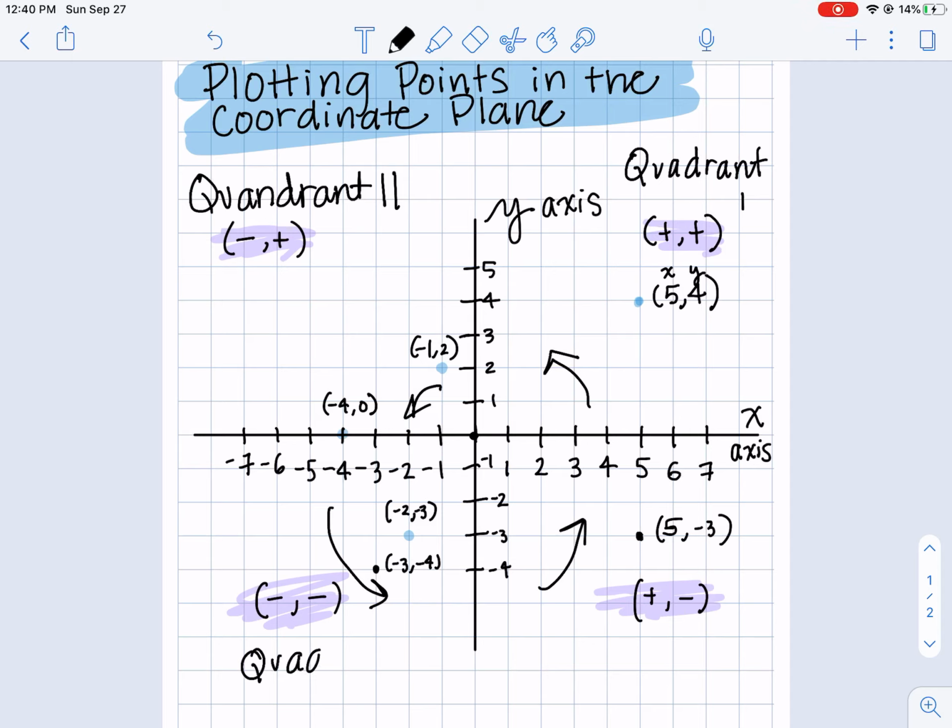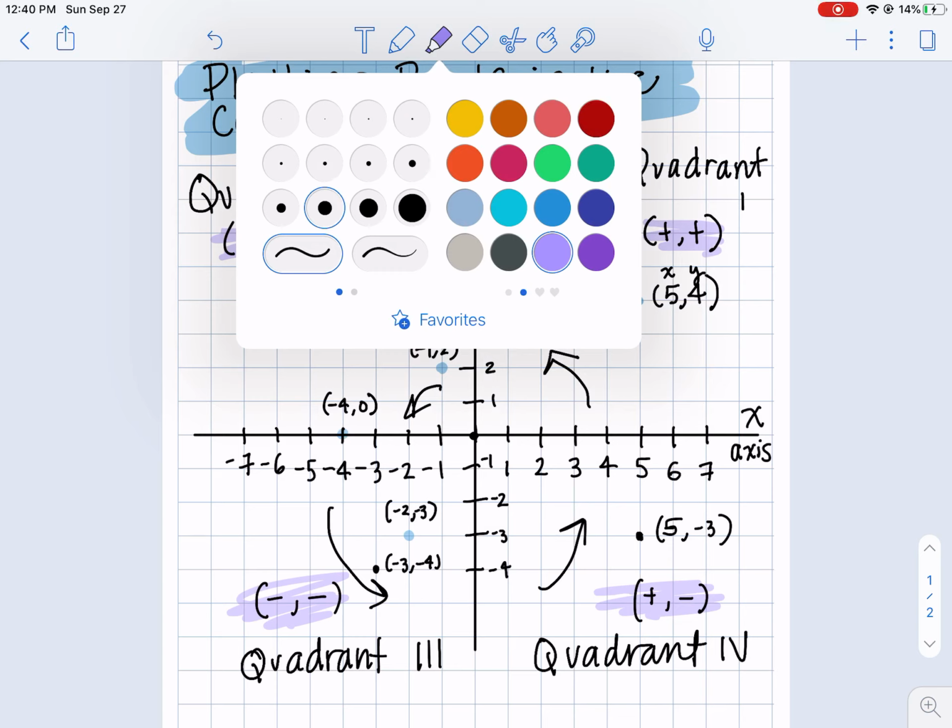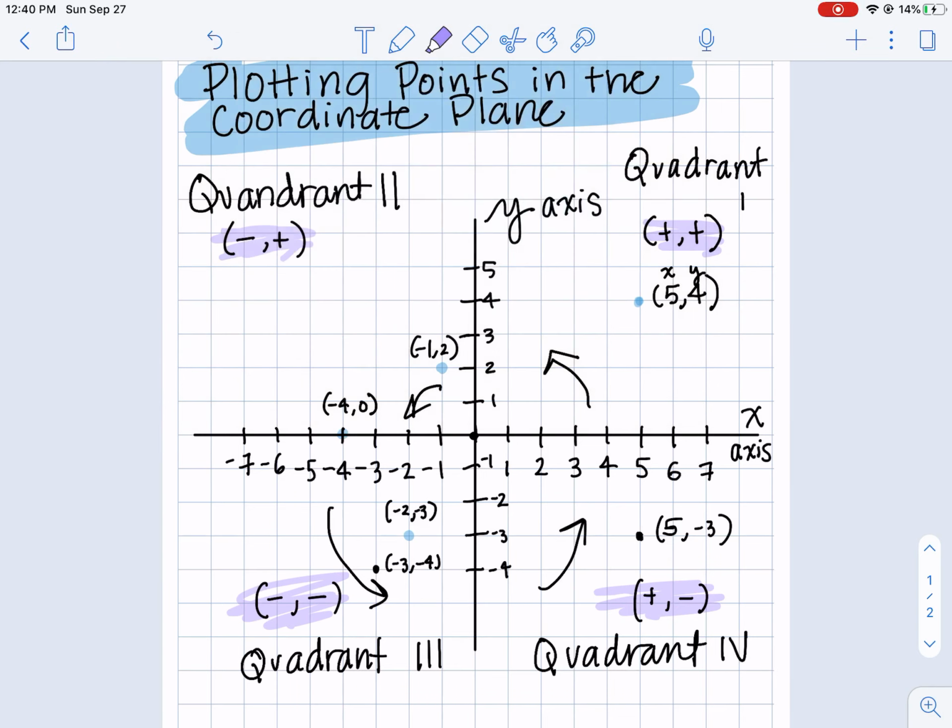This is quadrant III, and quadrant IV. It's like 5 take away 1, quadrant 4, IV. Okay, so here we have quadrant I, quadrant II, quadrant III, and quadrant IV.